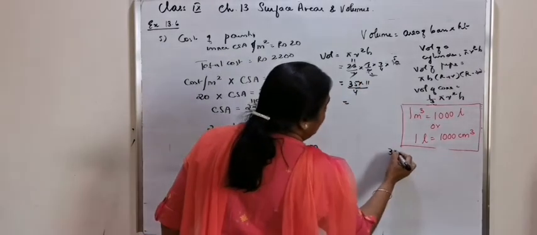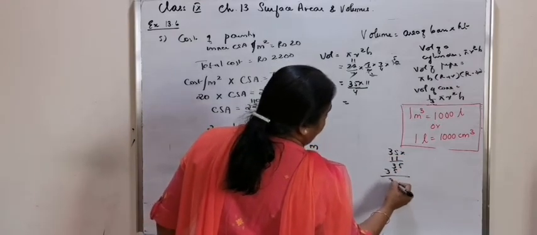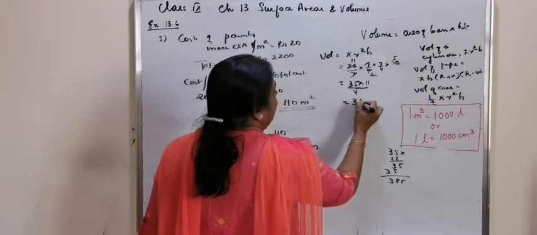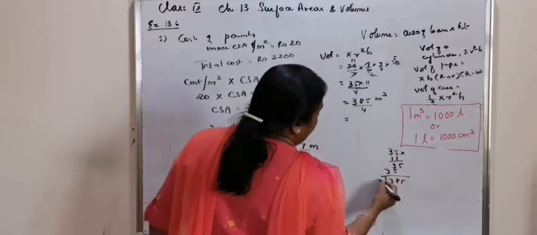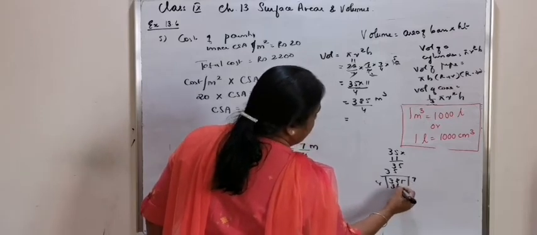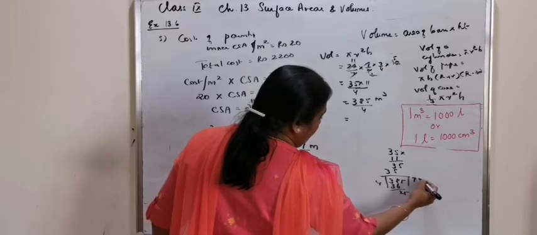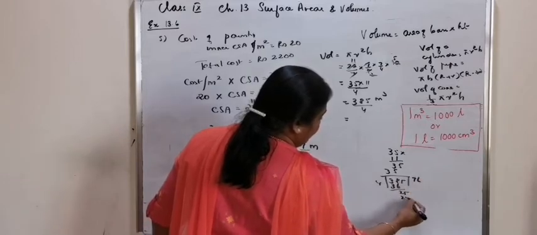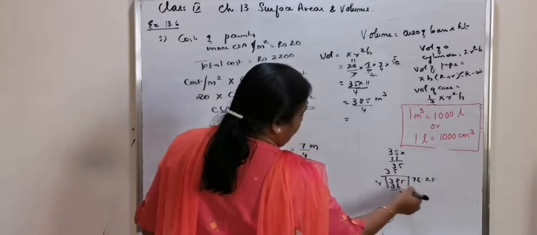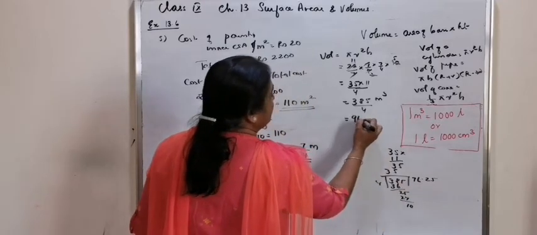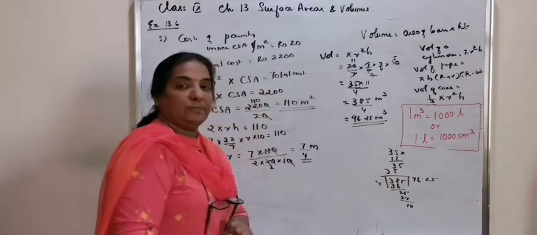Calculate 35 into 11. 385 by 4 meter cubed, or divide it as 9 fours are 36, 25, 7 fours are 28, 6 fours are 24, 10.25. That is 96.25 meter cubed.